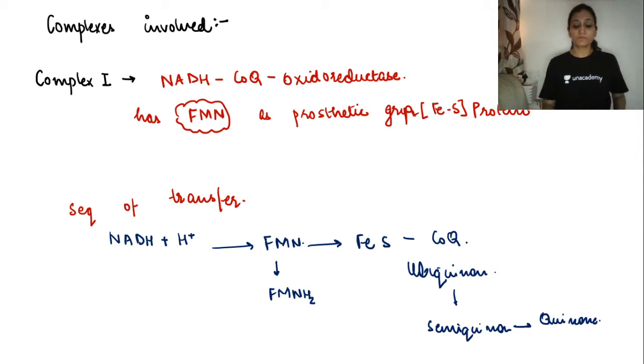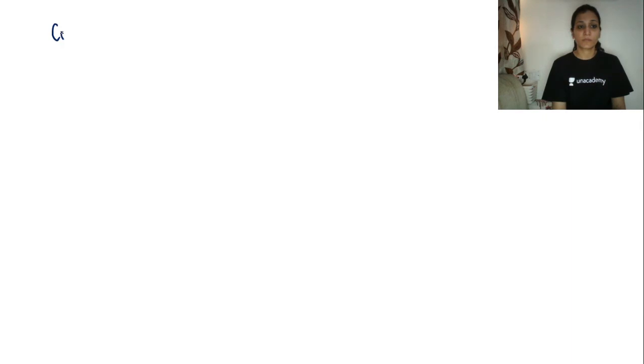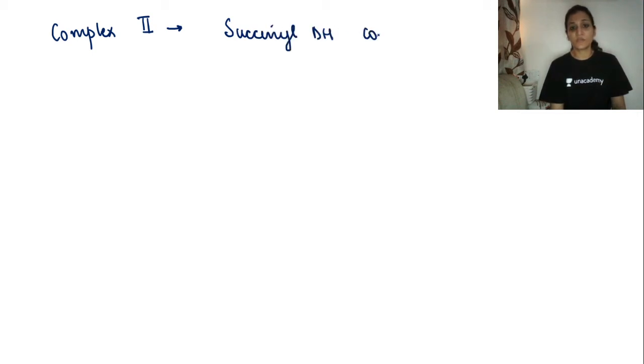Now talking about complex number 2. Complex 2 is made up of the succinate dehydrogenase complex, and it is also called succinate coenzyme Q reductase.